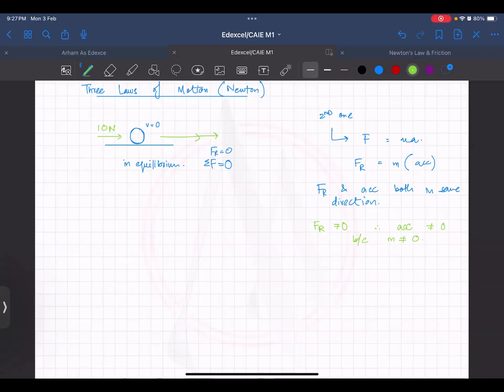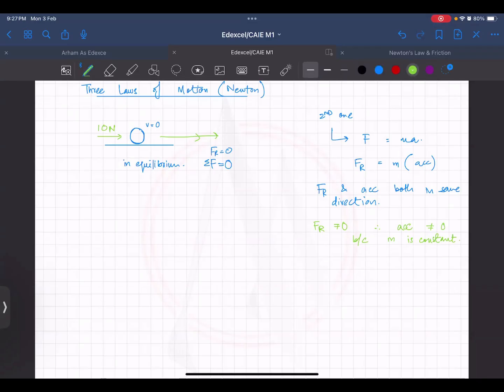There is always a body with a certain mass, 5 kg or 2.5 kg or 0.5 kg, 1 kg. And mass is a constant. Mass cannot change. So if you have a resultant force that is not zero and is constant, then definitely there would be acceleration happening with the object.